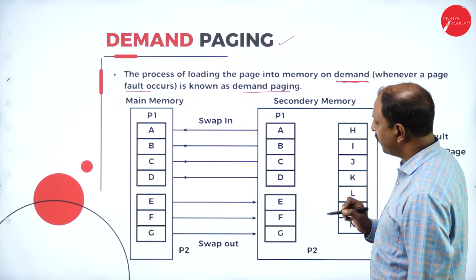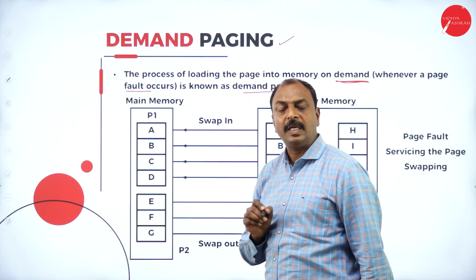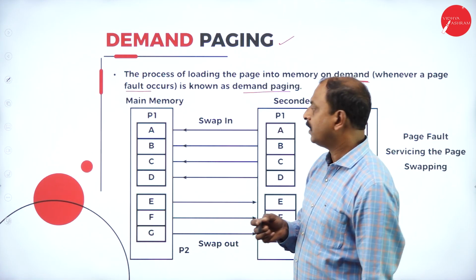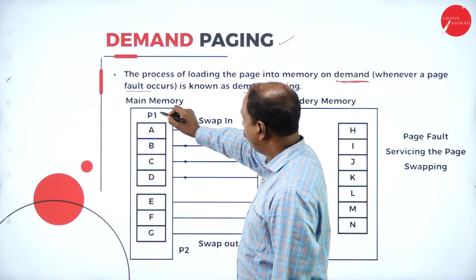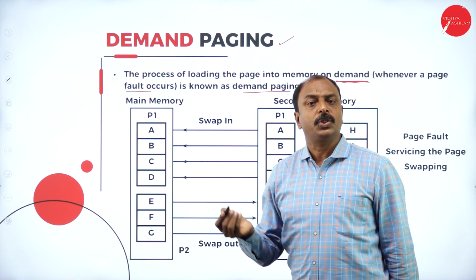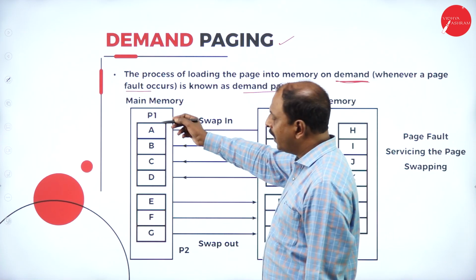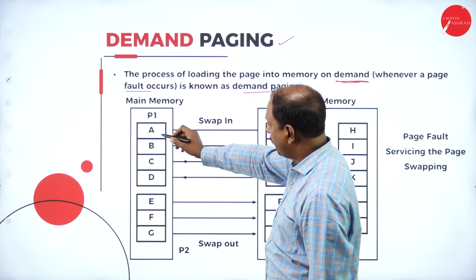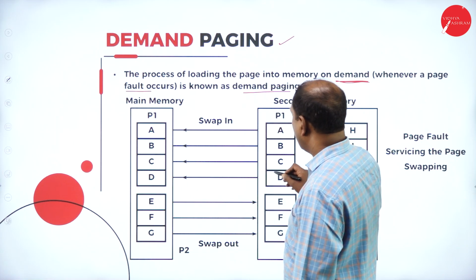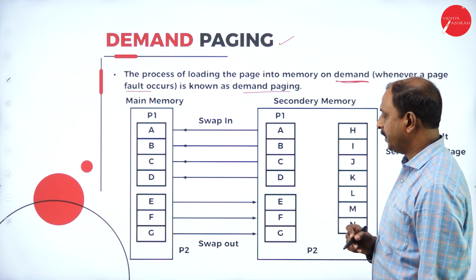So in this example, if the CPU asks for any data such as A of page 1 in the main memory, it is available here, so there is no question of page fault. It directly accesses the data and processes it. Similarly for A, B, C, D and again E, F, G, the same thing is available here.